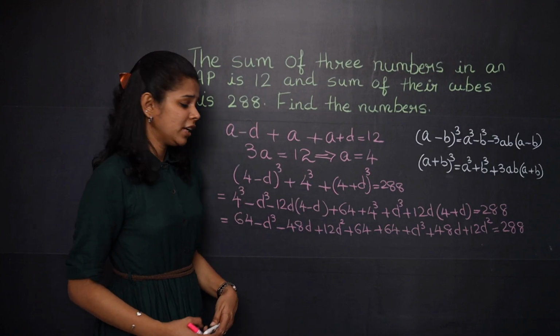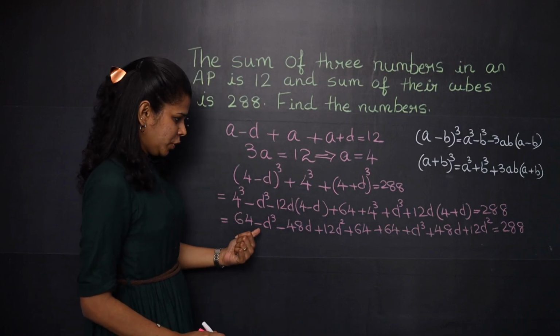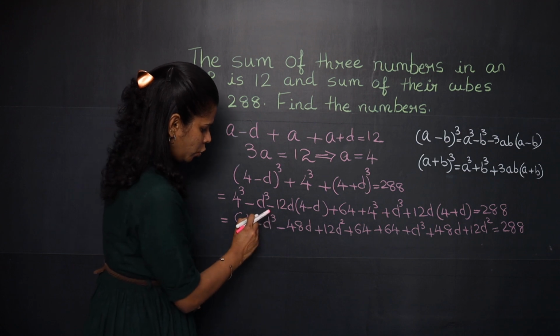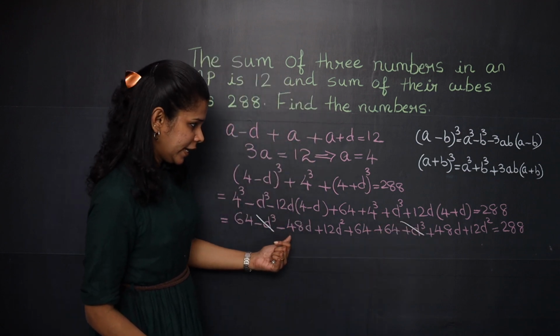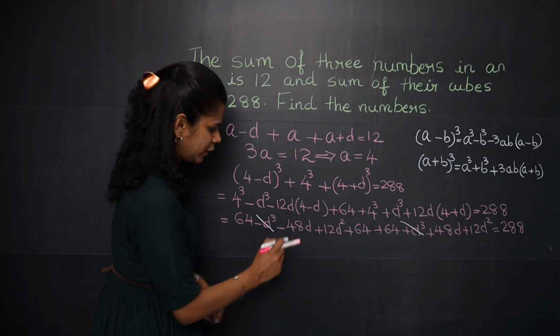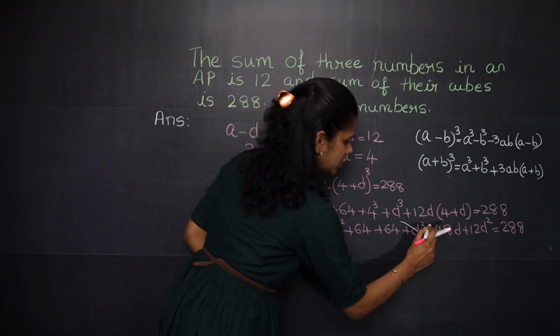Now we will check if there are any like terms. You can see minus d cube and plus d cube can be cancelled. Is there any other? Here you have negative 48d and positive 48d.